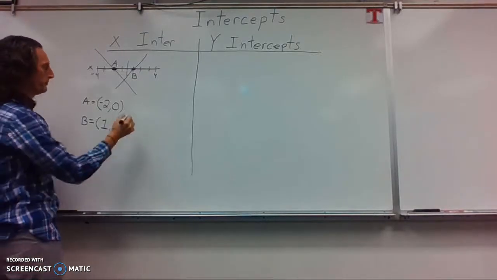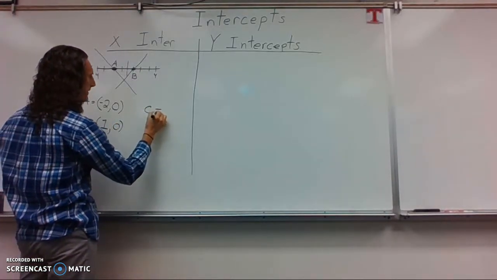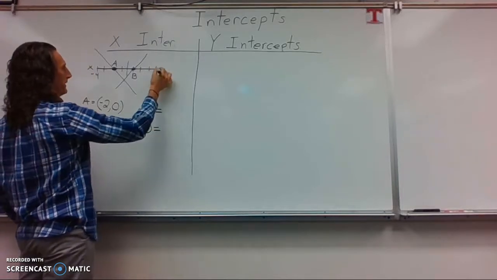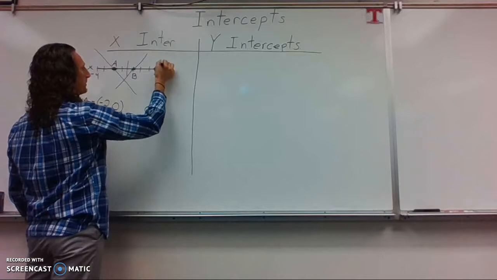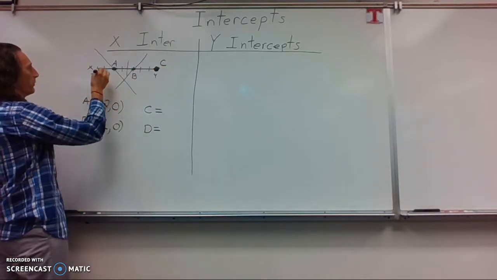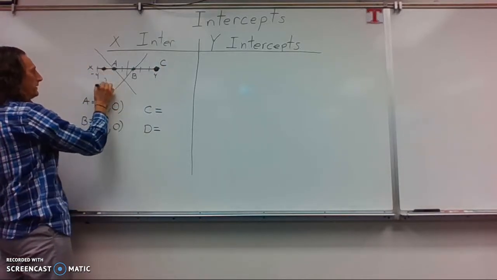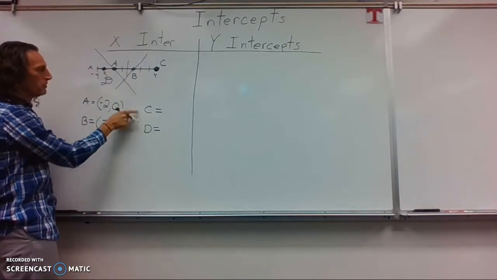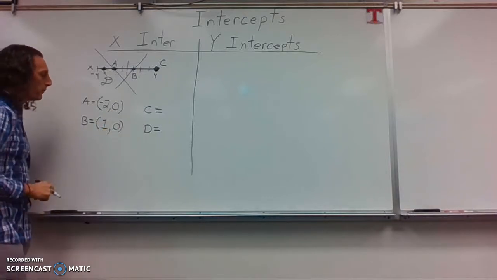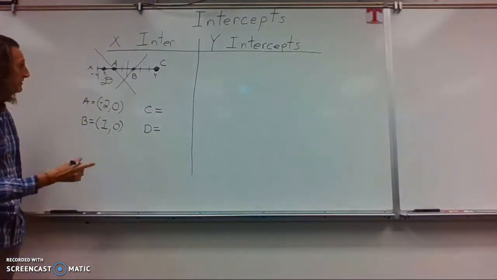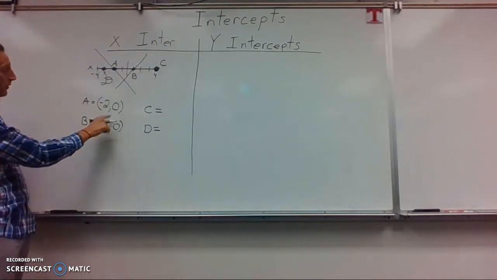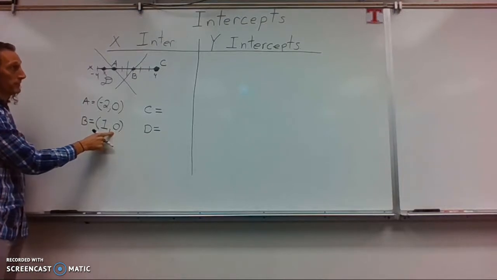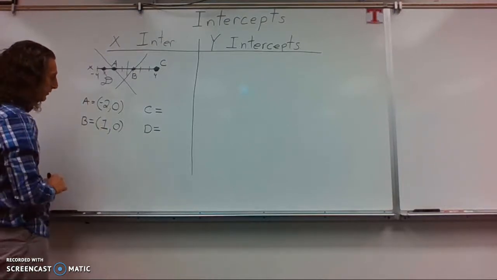So what I want you to do a little bit later on is I want you to fill in C and D. So we'll call this one C, and we'll call this one over here D. Make sure that you do write these down in your notes. But again, what we're seeing is on an x-intercept, the y term should be 0. Okay? And that's going to be very important later on.